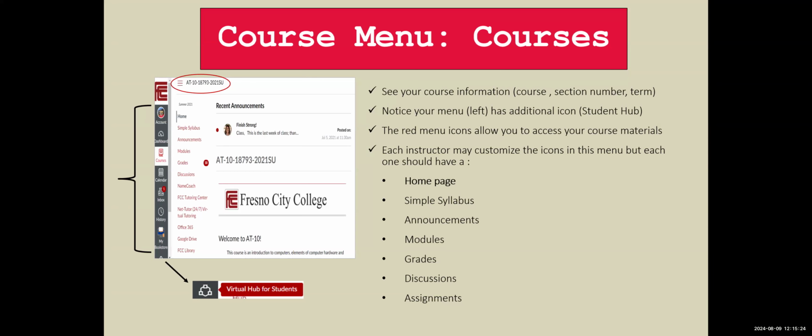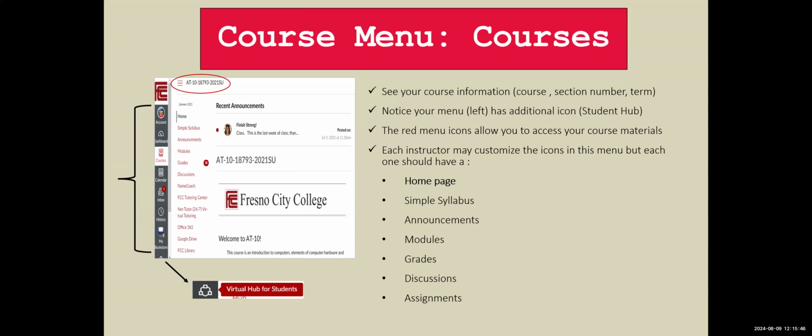You'll also see another menu bar specifically for that class, showing in red. Each class menu will vary depending on how your instructor sets it up. And again, don't panic if you don't see all your classes yet. Your instructor may not have established them yet.